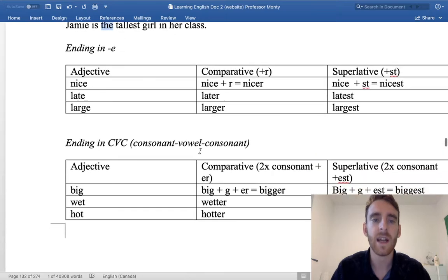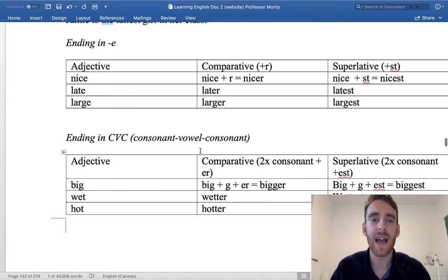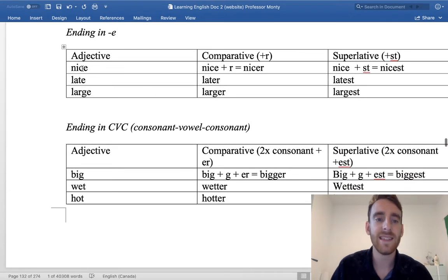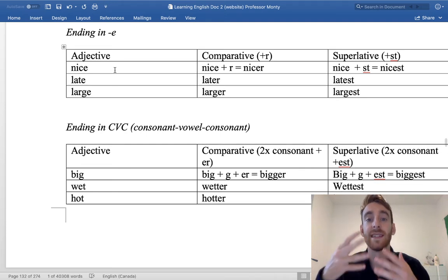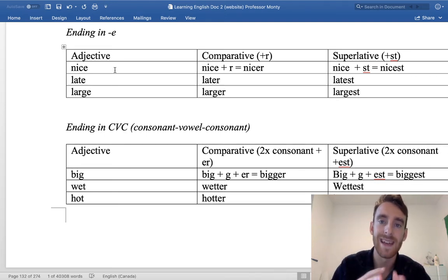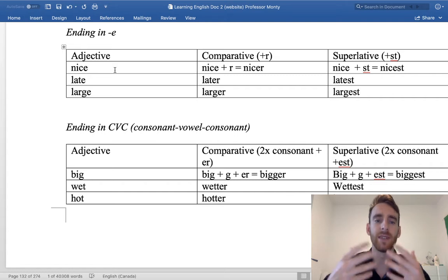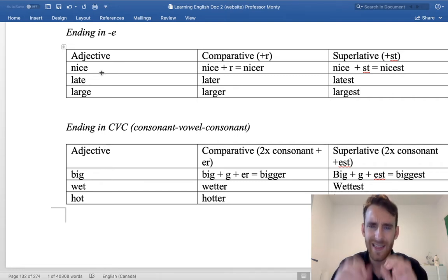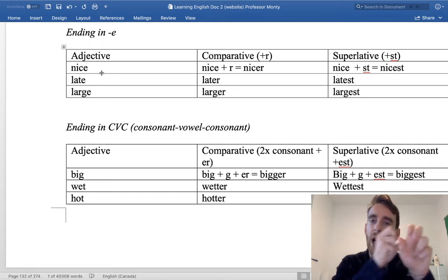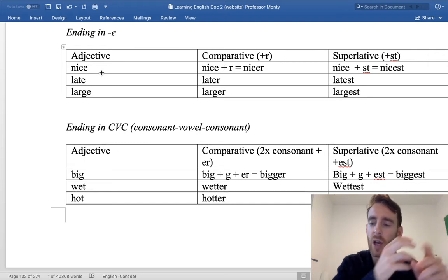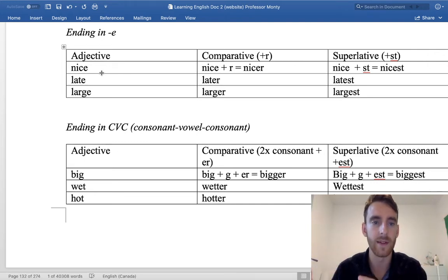Moving on here. If the adjective ends in E, and remember guys, adjectives describe nouns, okay? So if I'm saying she is nice, that nice is describing her, a person, right? Or a thing, right? A noun, person, place, or thing.